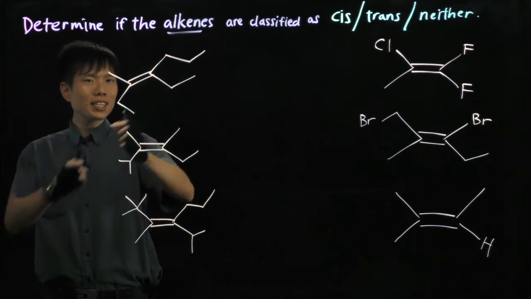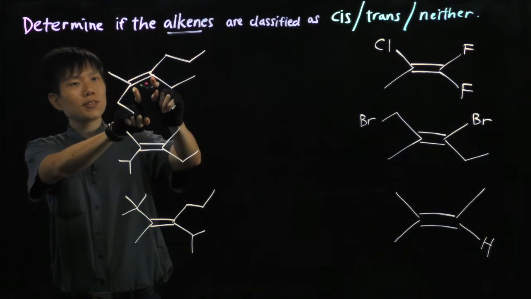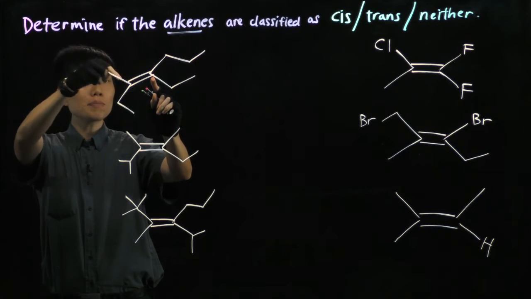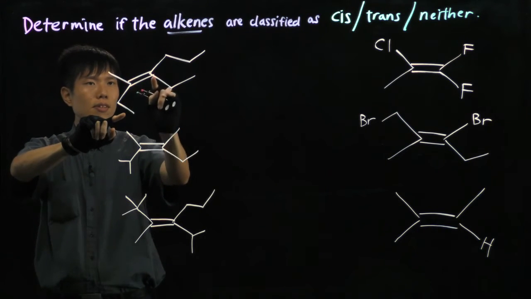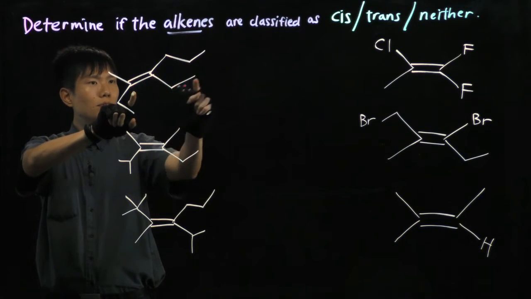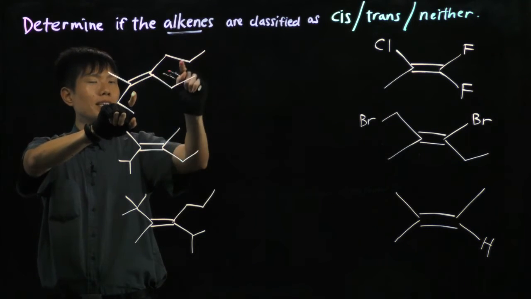For this alkene here, we look at the carbon-carbon double bond and again use the fingers to decide. Here we have a methyl group going up this way and an ethyl group going down. On the right carbon of the double bond, we have an ethyl group at the bottom and a propyl group at the top.